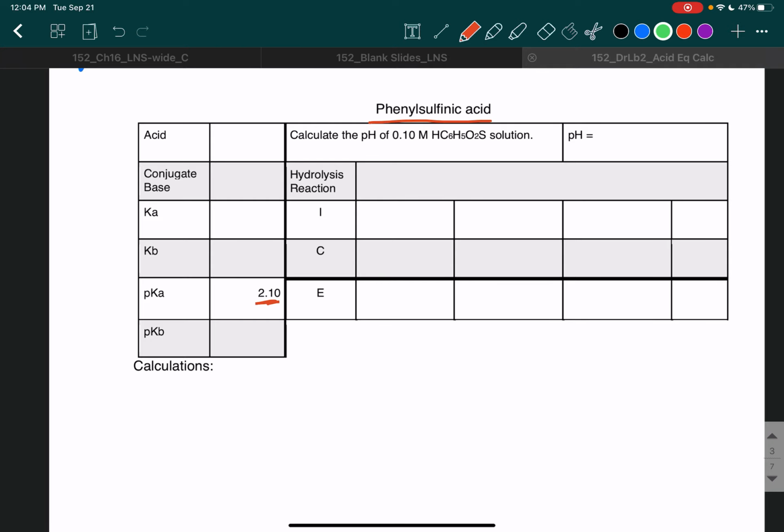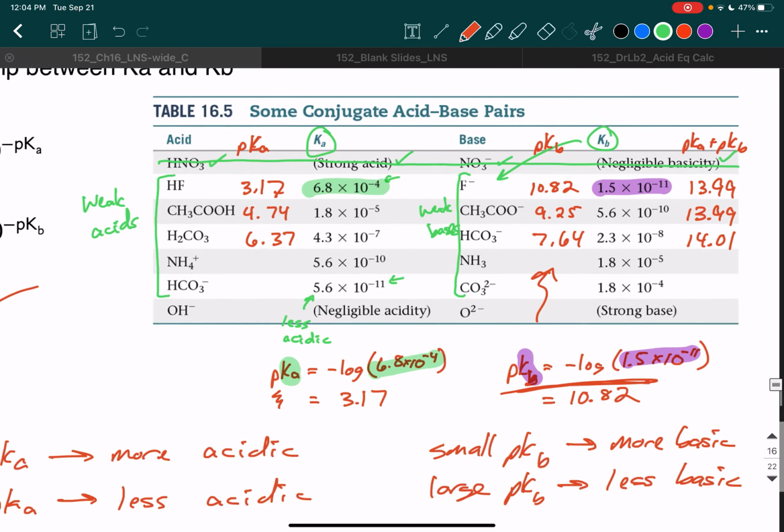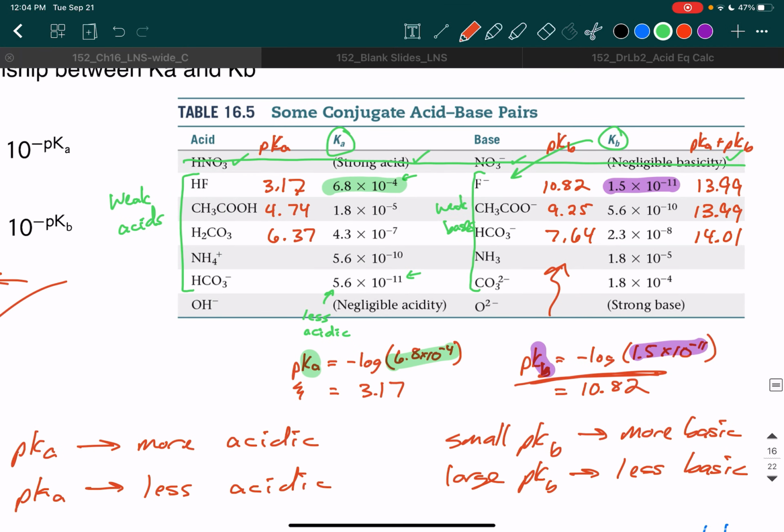If we go back to the slides for a second, I said as we get to smaller and smaller pKa's, we're getting a stronger and stronger weak acid. So that 2.1 value means it is going to react in water to a pretty high extent.